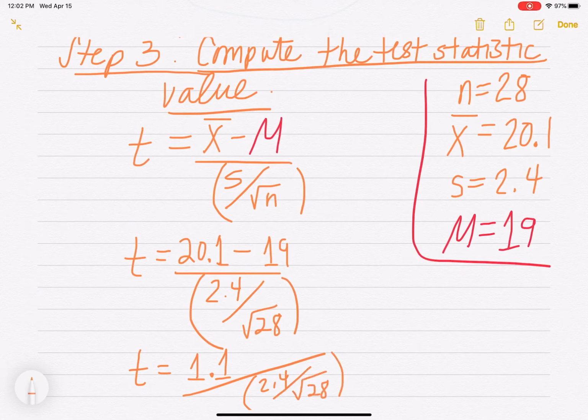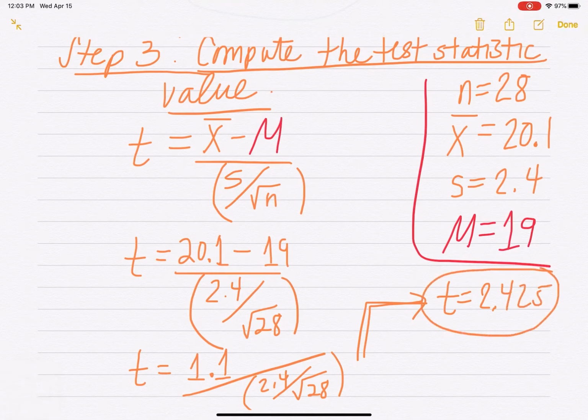Make sure you put parentheses around your bottom there, and when you calculate this, you should get the following. t is 2.425, taking it to 3 decimal places. Okay, so step 3 is done. We have the test statistic value.